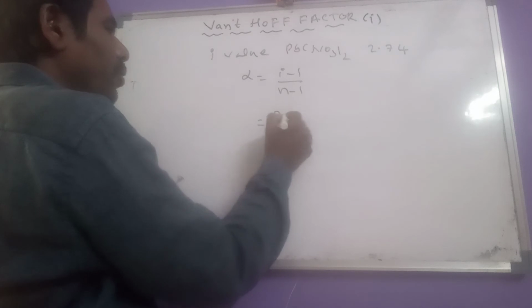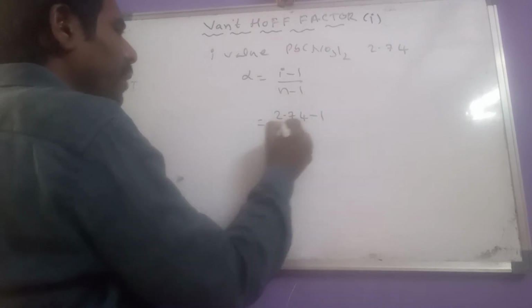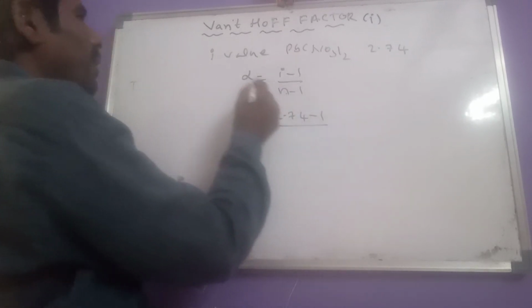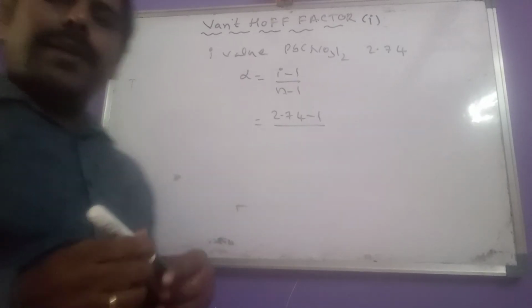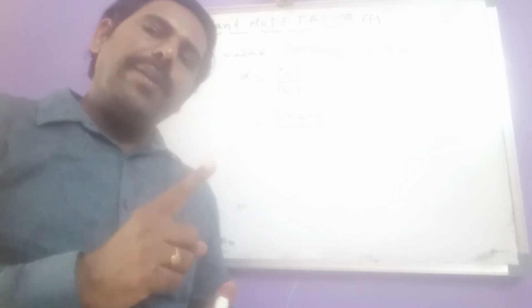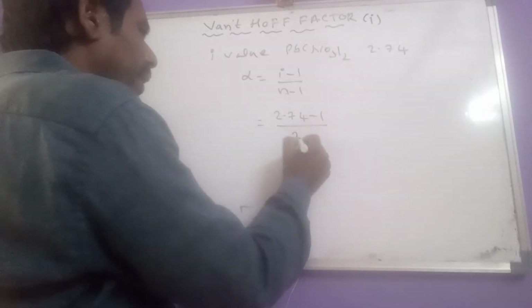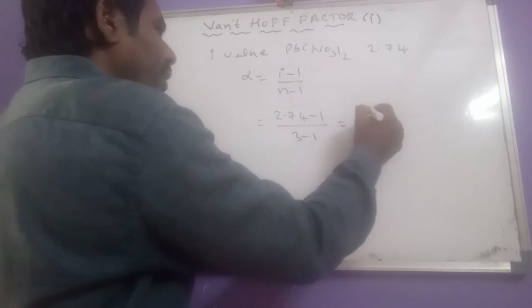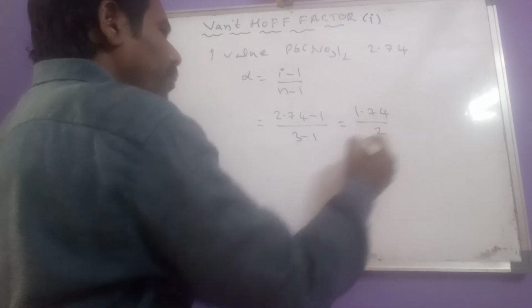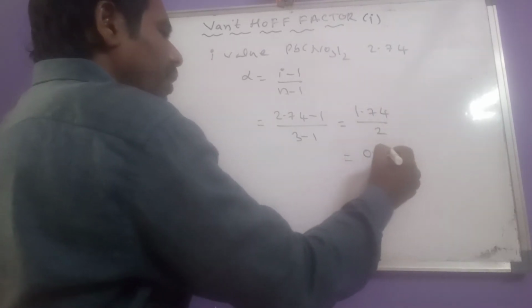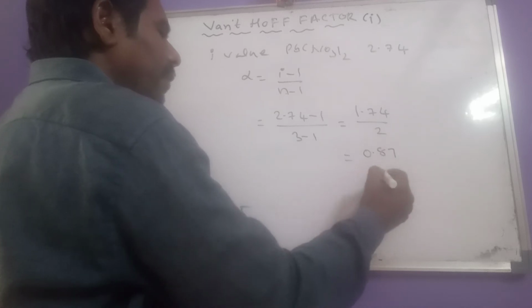So the I value 2.74 minus 1, by n. What is the n value? If Pb(NO3)2 is dissociated, we get 3 ions: 1 Pb 2 plus and 2 NO3 minus. So total 3 ions. Now 3 minus 1. Now here 1.74 by 2 gives 0.87.